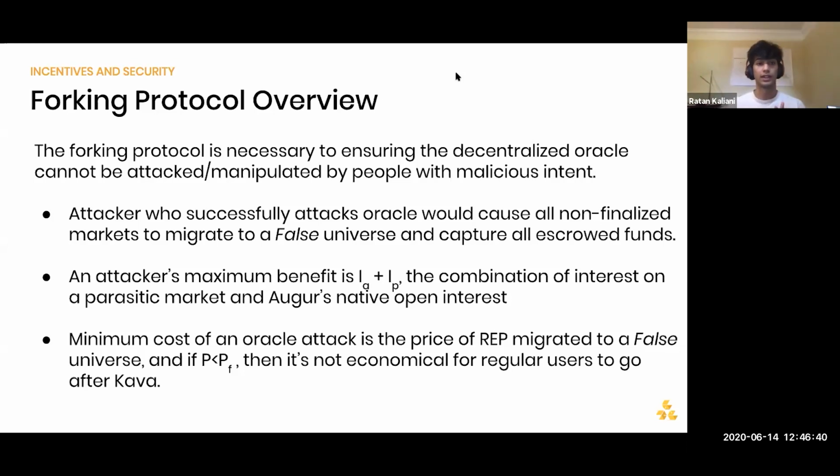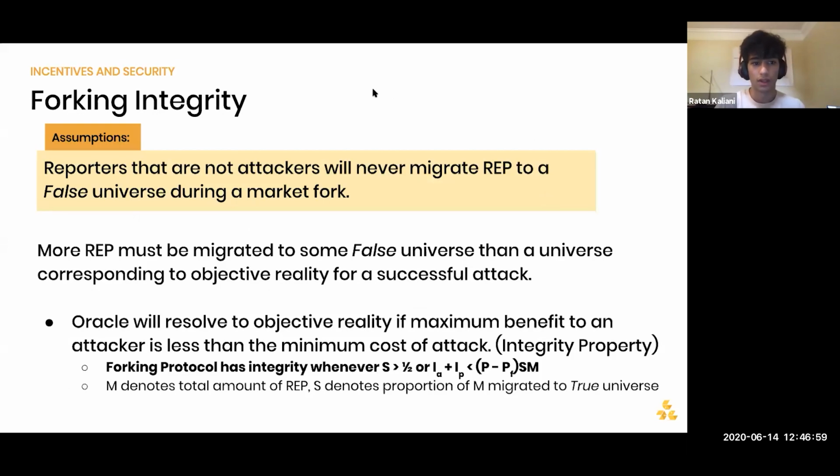So if the incentive is less than how much it would cost you to migrate all of your reputation to a false universe, it's not economical for regular users to go after a false universe. So forking integrity really comes into play.